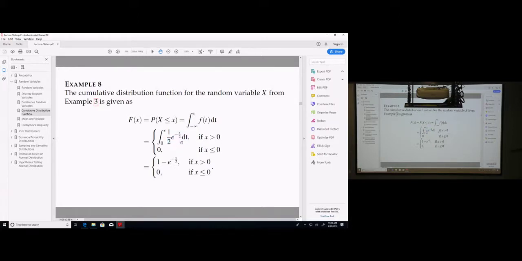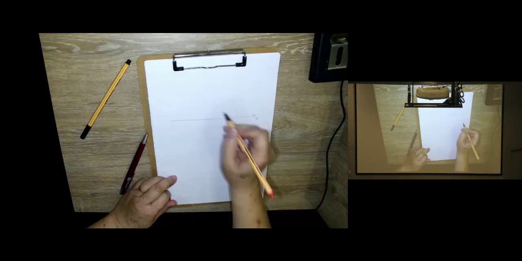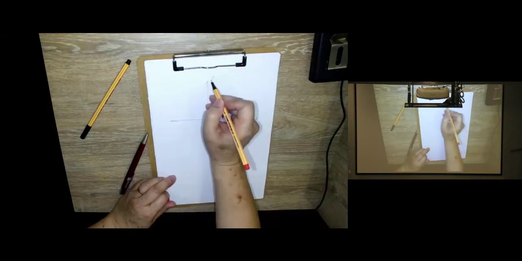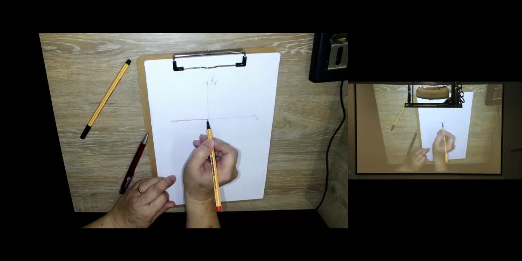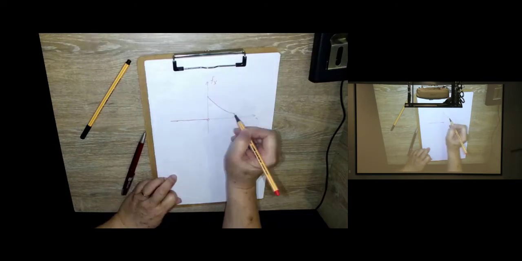So we are doing integration, but the density function in that example is actually this. So the density function, this is small f. The density function is actually like this, all right? And it is somewhat like this.